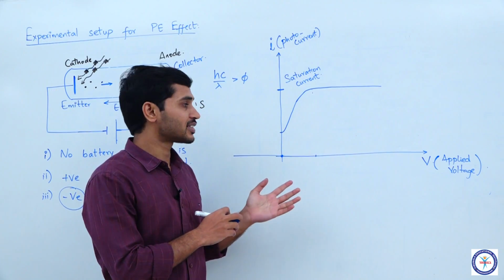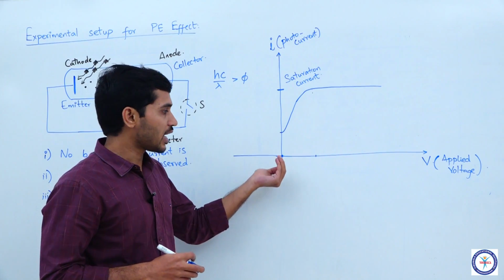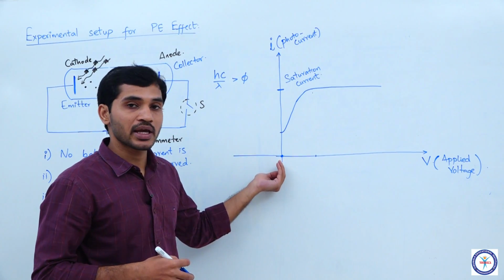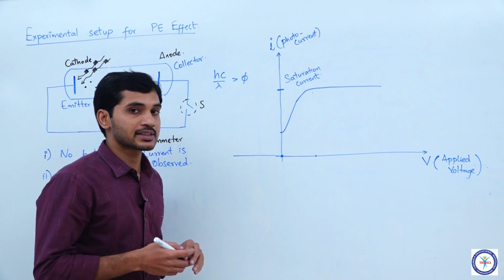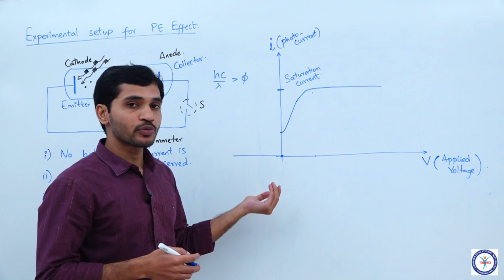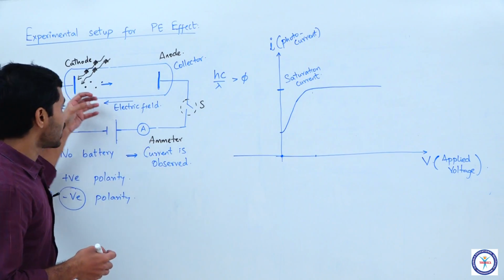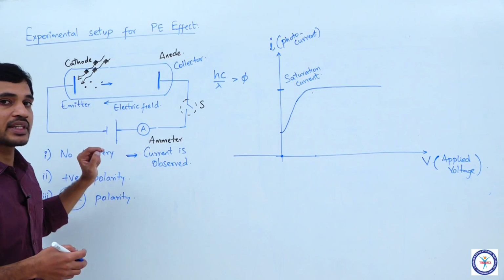Let us also discuss this graph on the negative side. What happens when the voltage applied has a negative polarity? We have already discussed that when we have negative polarity, the electrons which are coming out are being opposed by the electric field.